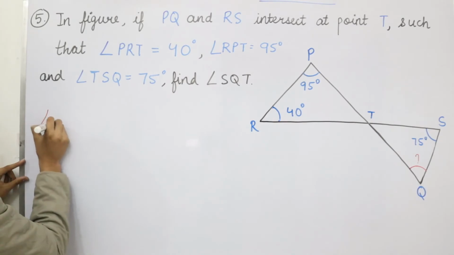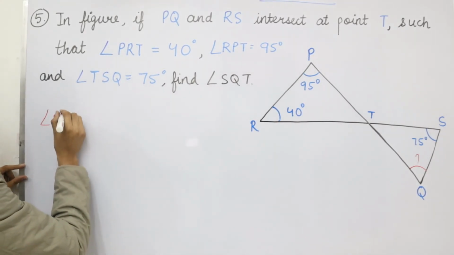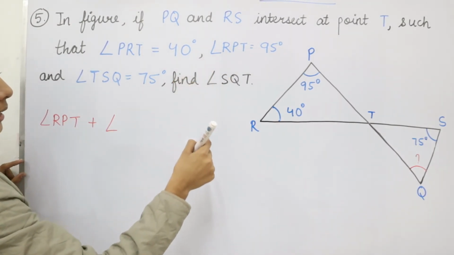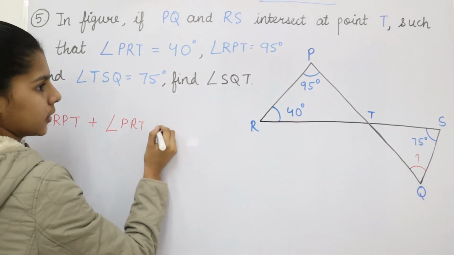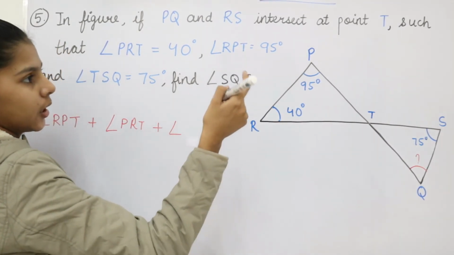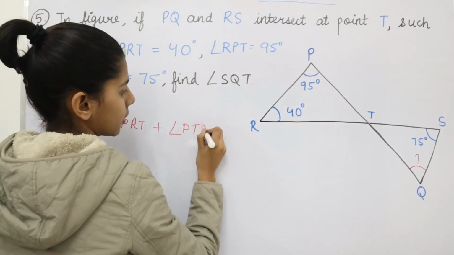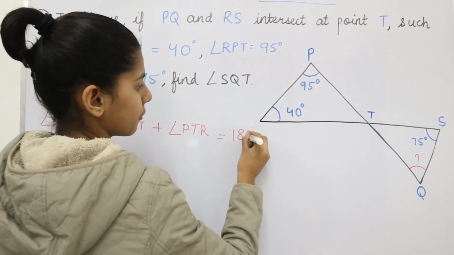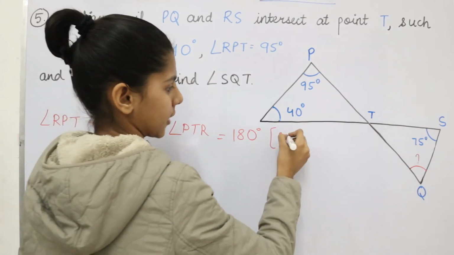So first of all, angle RPT plus angle PRT plus angle PTR will be equal to 180 degrees. Why? In the bracket you will write angle sum property of a triangle.